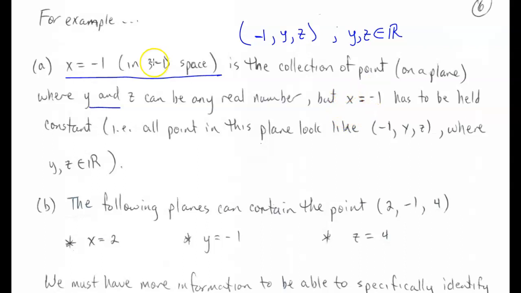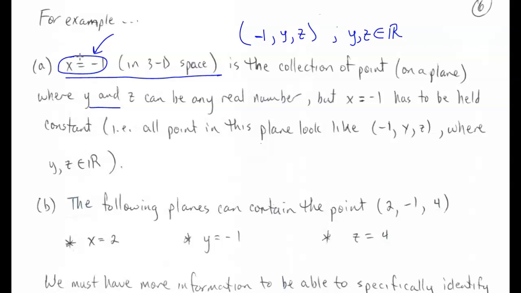And so here, what we say is that in 3D space, this is the plane x equals -1. And you'll notice that in this video, I will often say the plane x equals -1, because if we were working in 2D space, we know that this would be a vertical line, okay? So since we're working in 3D space, we need to make that distinction.